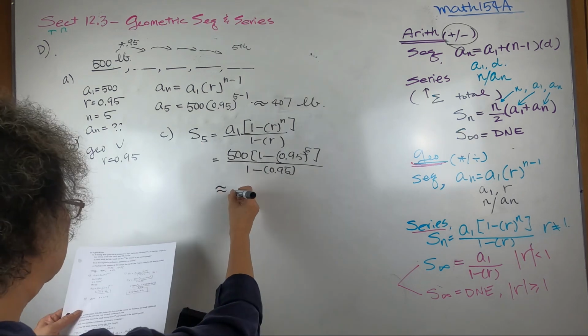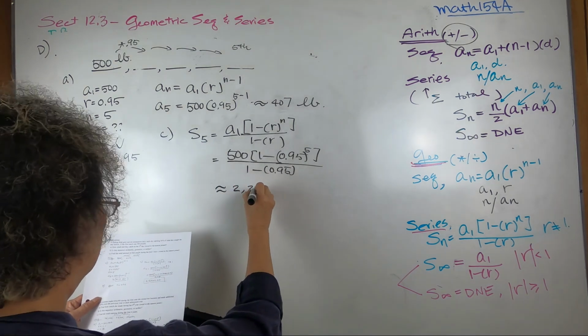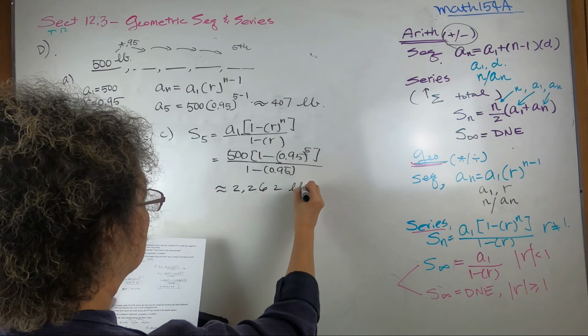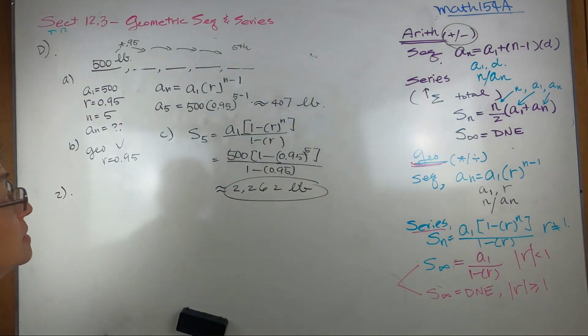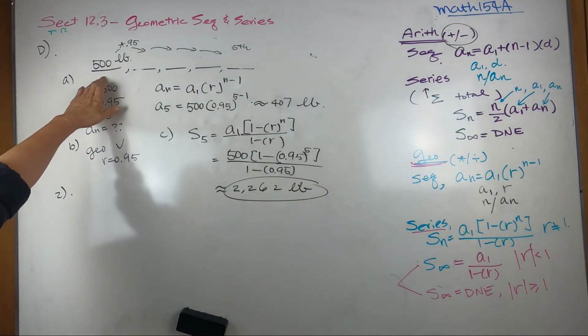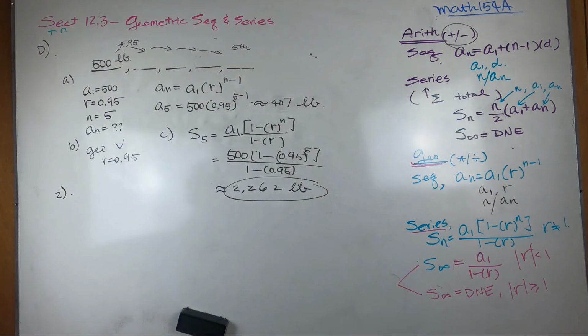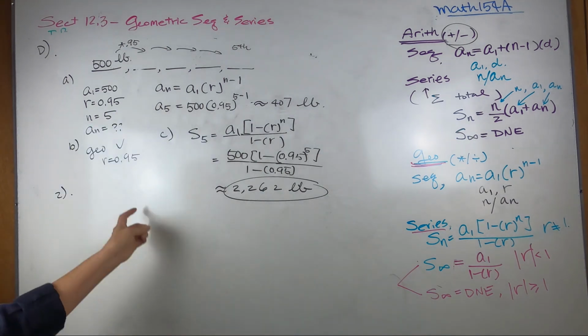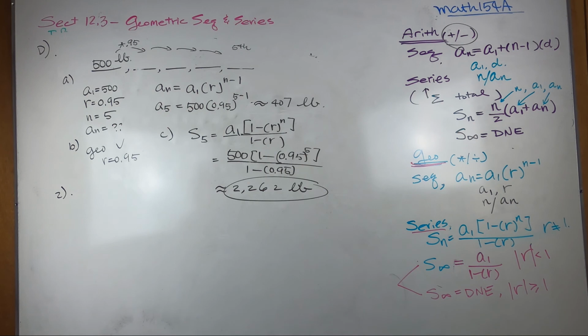Then only round it at the end, you should have 2262 pounds, somewhere there, right? Because each day 500 pounds, 5 days is 2,500 pounds, and a little bit less because 95% each day, right? And so that's how you do.